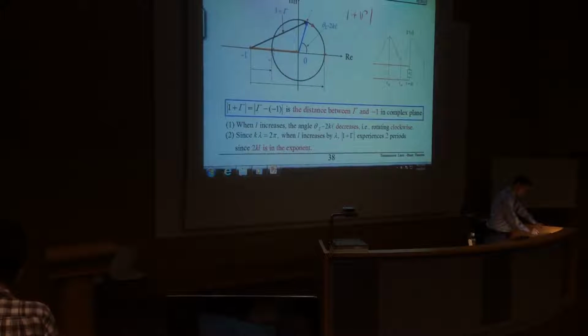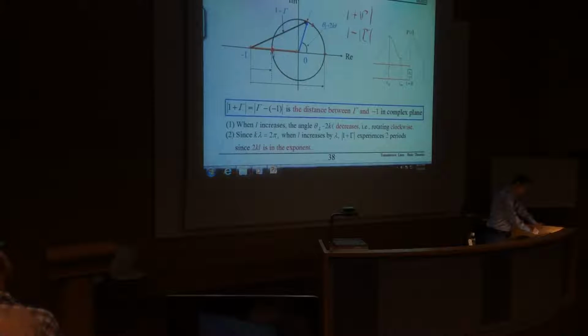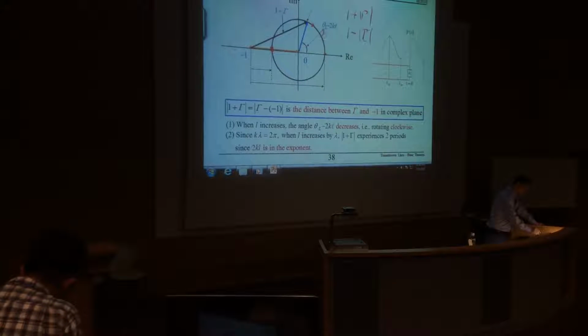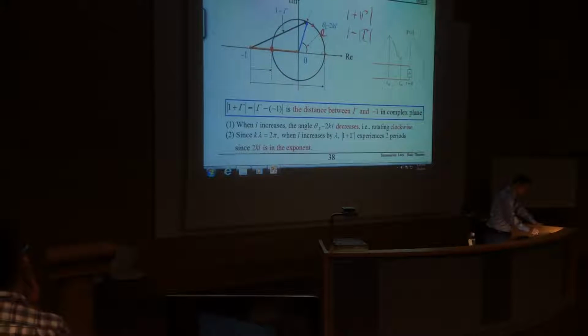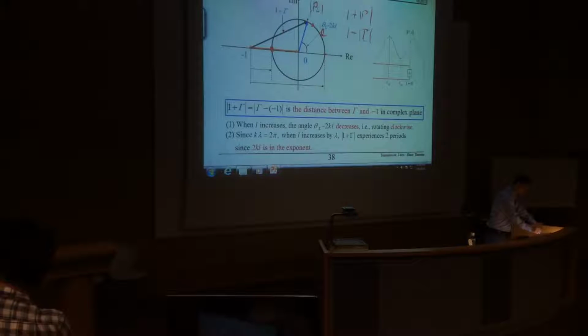The minimum here is 1 minus gamma. This location is the distance, e to the theta_L minus 2jkL, at any location, times gamma_L, as we had just now.